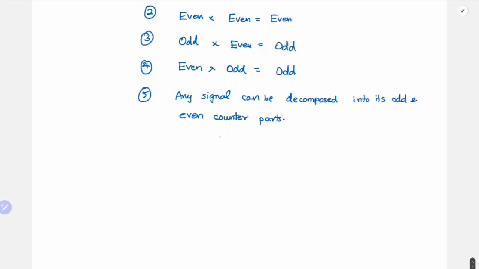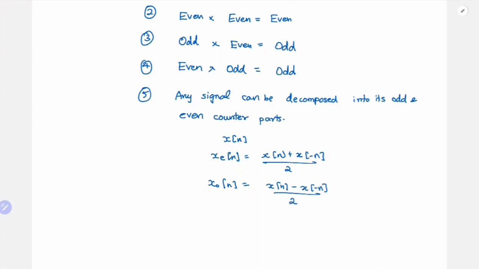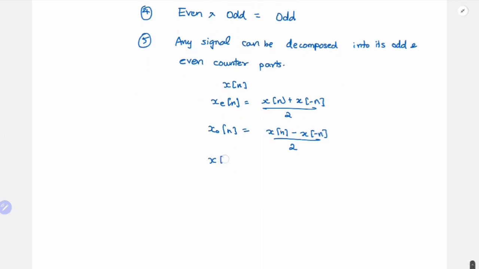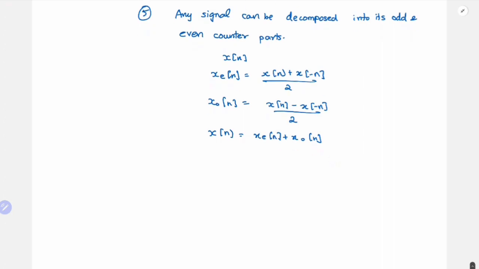So let's say you have a signal x of n, then you can define the even counterpart as x of n plus x of minus n, divided by 2, and your odd counterpart as x of n minus x of minus n, divided by 2. And you can write x of n as x even of n plus x odd of n. So this we did similar to the continuous time case only. Okay.